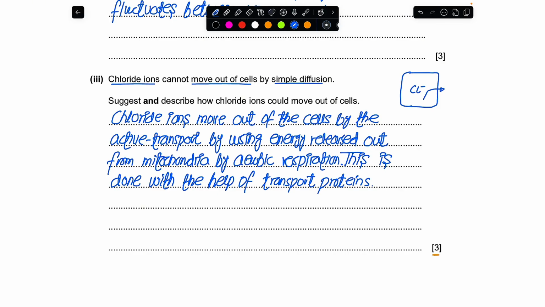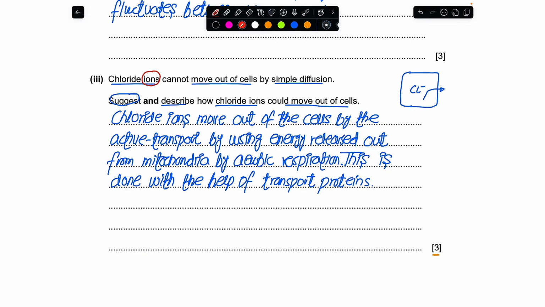This is what they have told you. Now they're asking for your suggestion, and they want you to describe how the chloride ions could move out of the cells. So here the point is that wherever there is a hint to the presence of ions, and we know ions are charged particles.